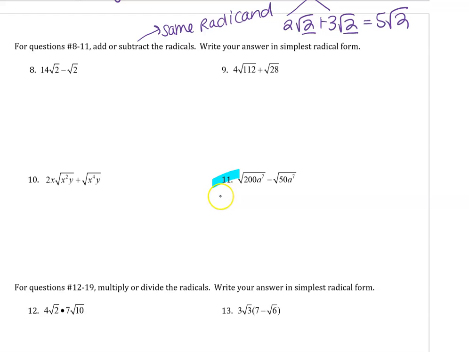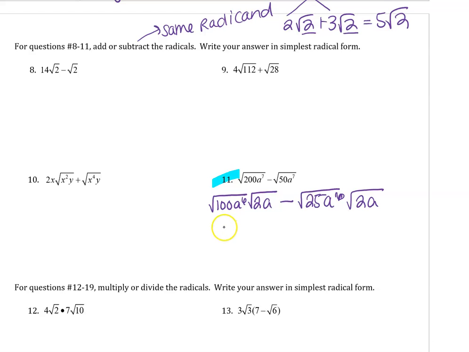Biggest perfect square in 200 is 100. And then I'll put the a to the 6th in the first radical, which means I have a leftover 2a. Minus, biggest perfect square in 50 is 25. Then I'll do the same thing with a leftover 2a. 25 times 2 gives me 50. A to the 6th times a gives me a to the 7th.